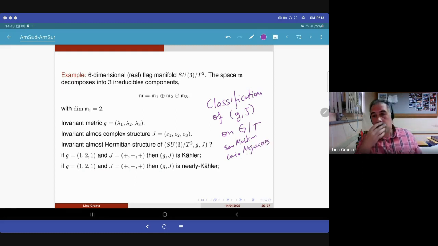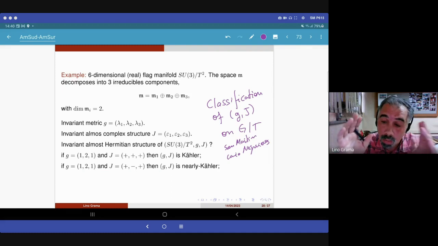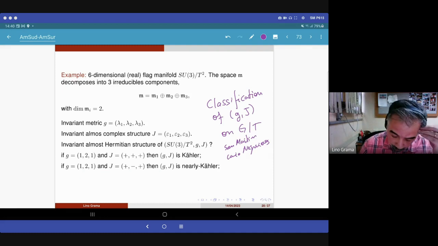What does the classification mean? Given a pair, we can decide how to put it in the 16 classes of the Gray-Hervella classification, but not all classes appear. It's a very, very nice, interesting result.